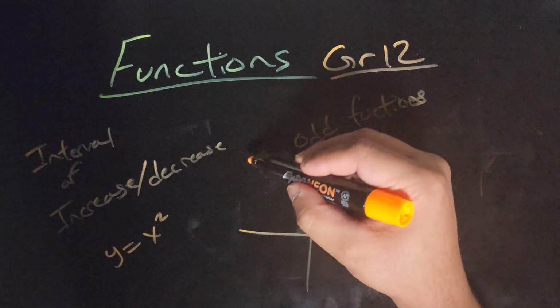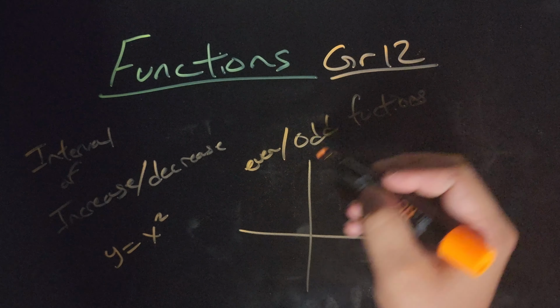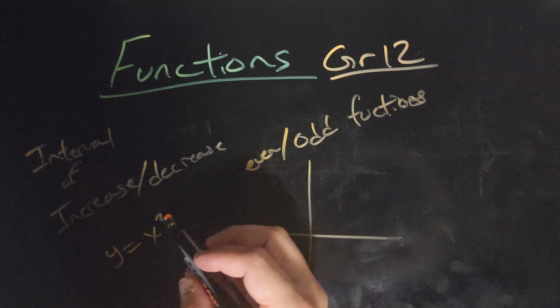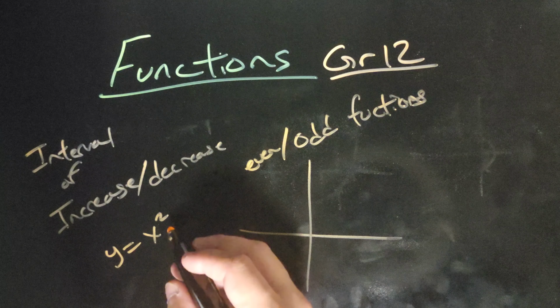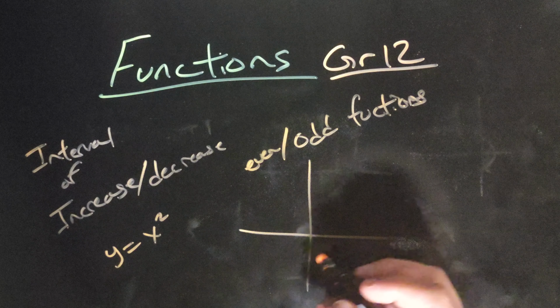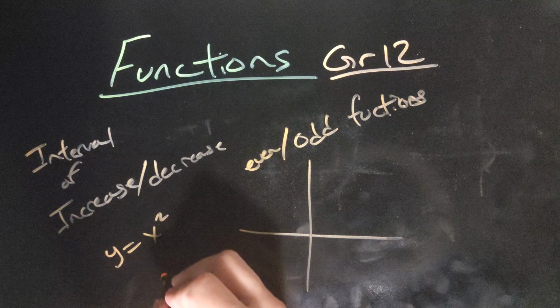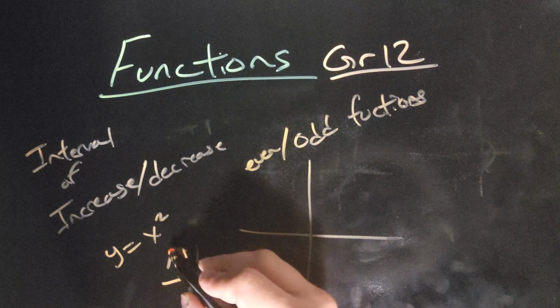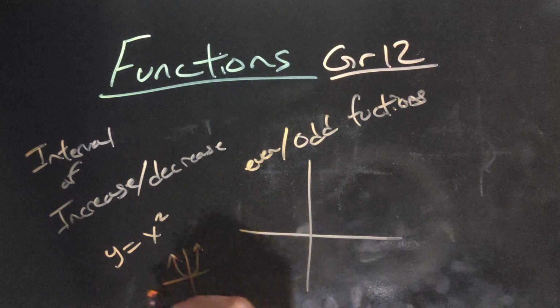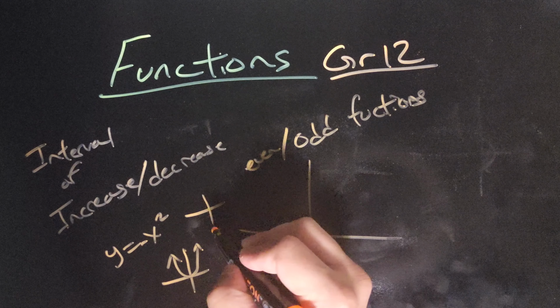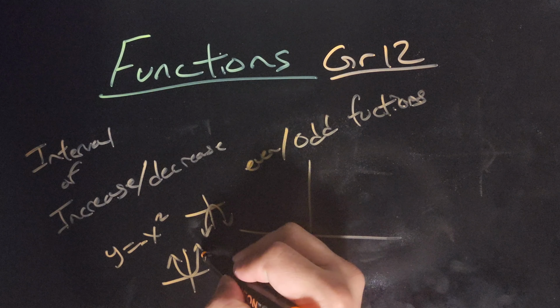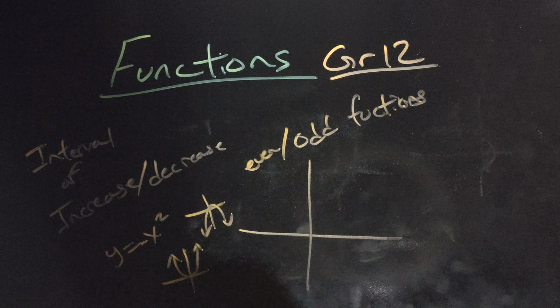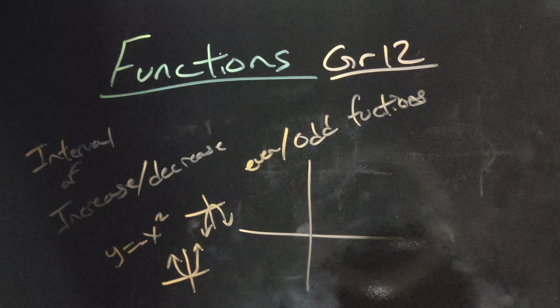This is even because 2 is an even number, and y equals x squared will come from up and finish up, or if you do negative, it'll come from down and end down. So it's an even function.